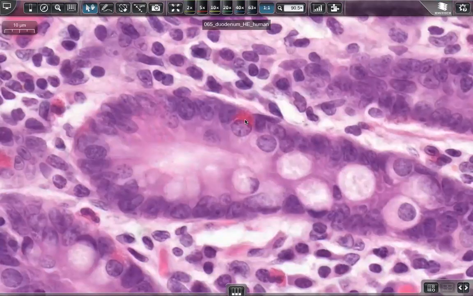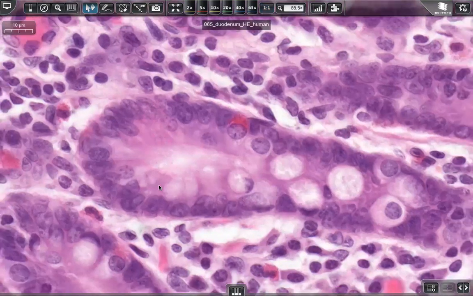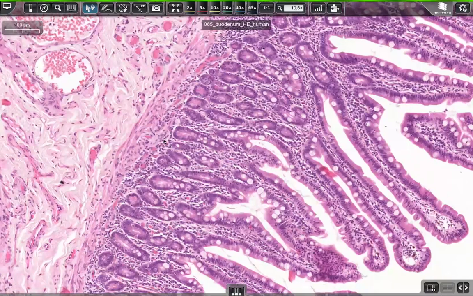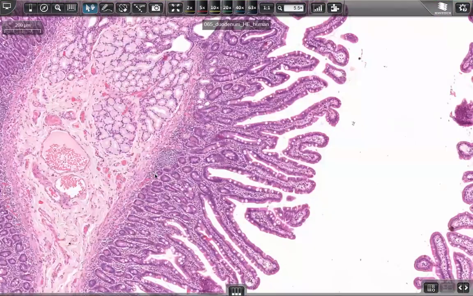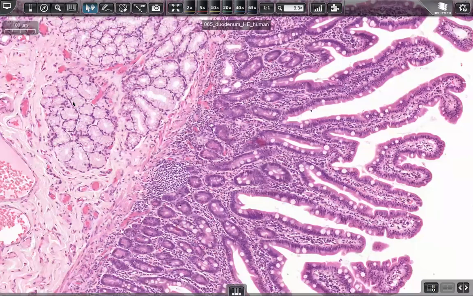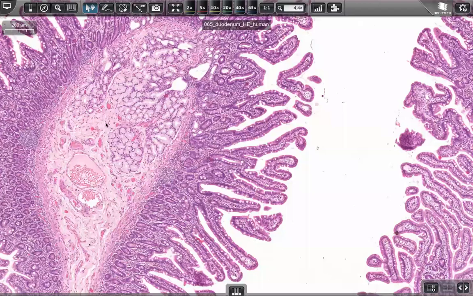Again, enteroendocrine, Paneth, goblet, and that's the enterocyte. And don't forget, everywhere we can find lymphoid infiltration having lymphocytes. And don't forget, in the submucosa of the duodenum, we can find Brunner's glands.